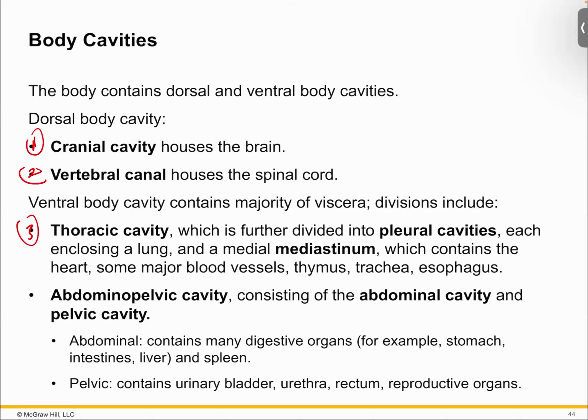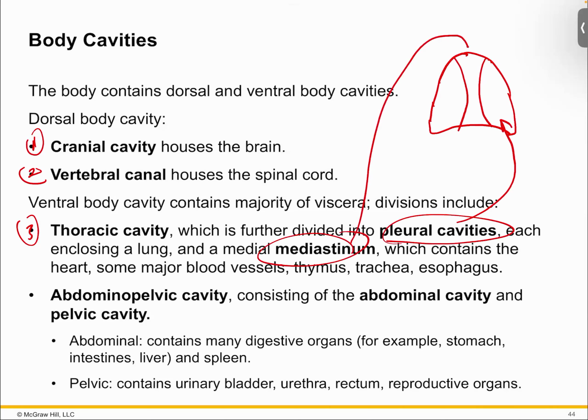So first of all, you've got the pleural cavities. So here's your thoracic cavity. Looks like a giant bell. So your pleural cavities, which will be on either side, house your lungs. So these will be the pleurals. In the middle is what's called your mediastinum. So that's this little middle central portion.